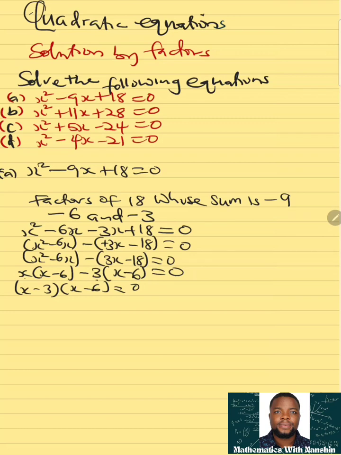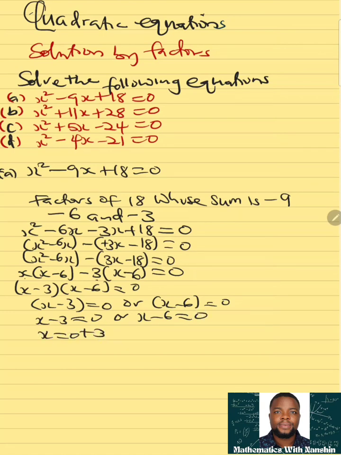Okay, equals to 0. So you now say either the first bracket is equals to 0 or the second bracket is equals to 0. So you have x minus 3 is equals to 0 or x minus 6 is equals to 0. So you have x is equals to 0 plus 3 because minus 3 crosses to the other side.